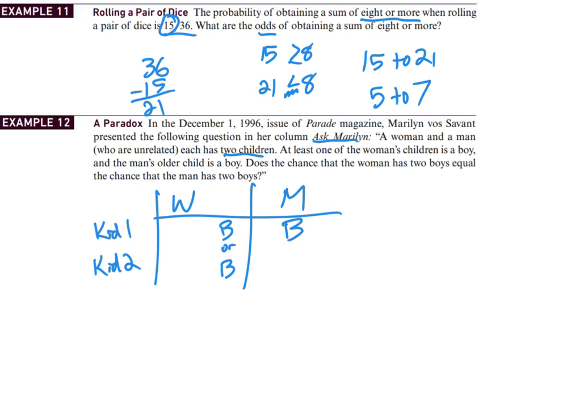Does the chance the woman has 2 boys equal the chance that the man has 2 boys? Let's calculate the man first, because it's much easier to determine. We already know the oldest is a boy, and so the probability that the second one is a boy is 1/2. So the probability that the man has 2 boys is 1/2.